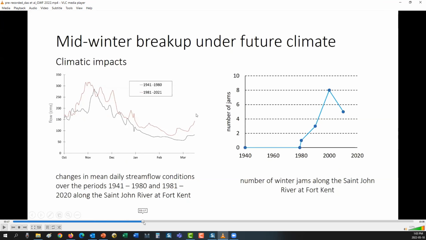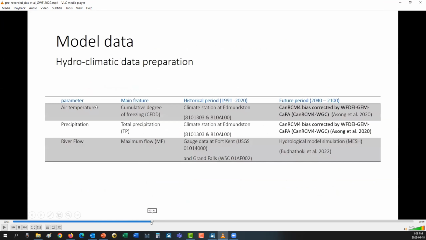Let me just move this over. Okay. So the data that we're using, we have a hydrological model. We've got a paper out on that too, and also climate change runs with that hydrological model. We're using MESH for that, so the same model as in the previous talk. We've been using that quite successfully.